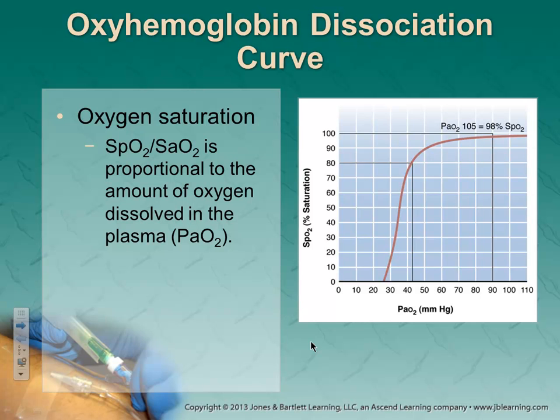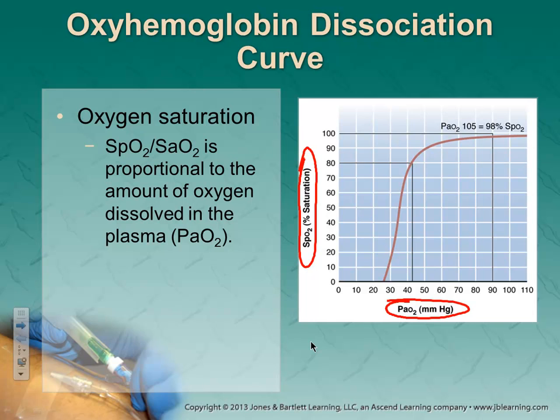So, basically, the saturation of oxygen to a hemoglobin cell is going to depend on the amount of pressure and the amount of available oxygen that's available.